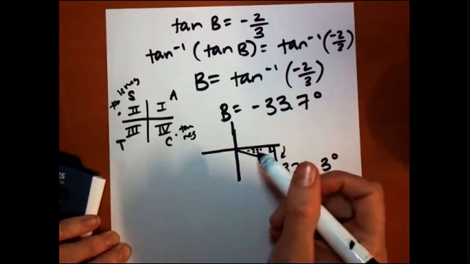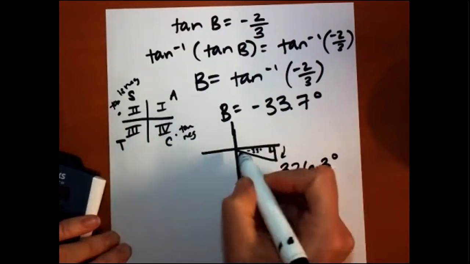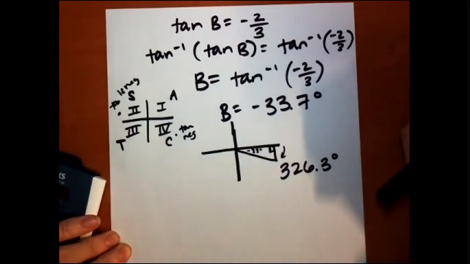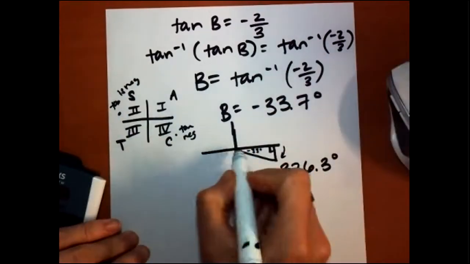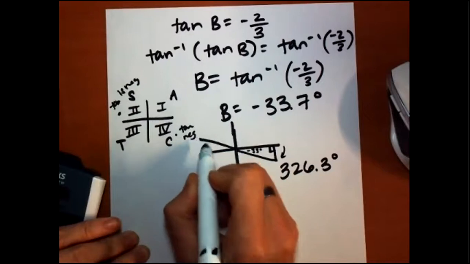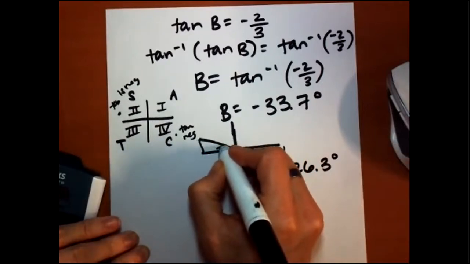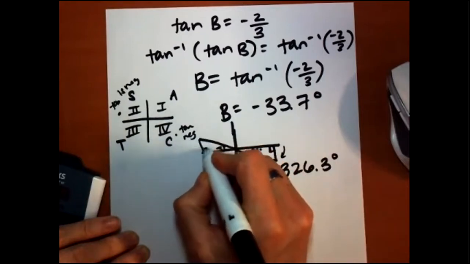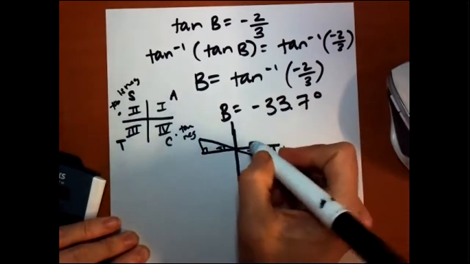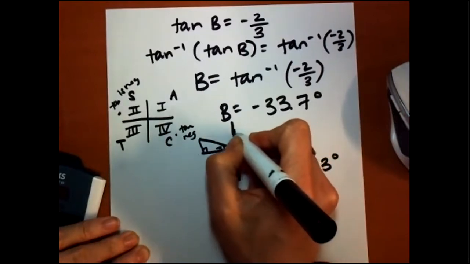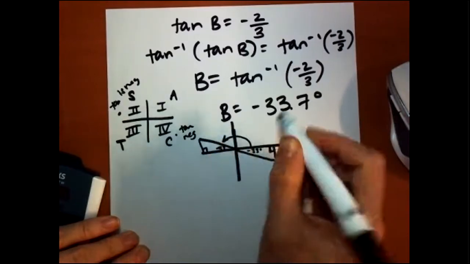Okay, great. So we're going to copy this triangle over into the second quadrant. So if I copy this triangle into the second quadrant, got my 33 degrees here. Okay, great. So I really need to know what this measure is going to be. So this would be not quite 180.